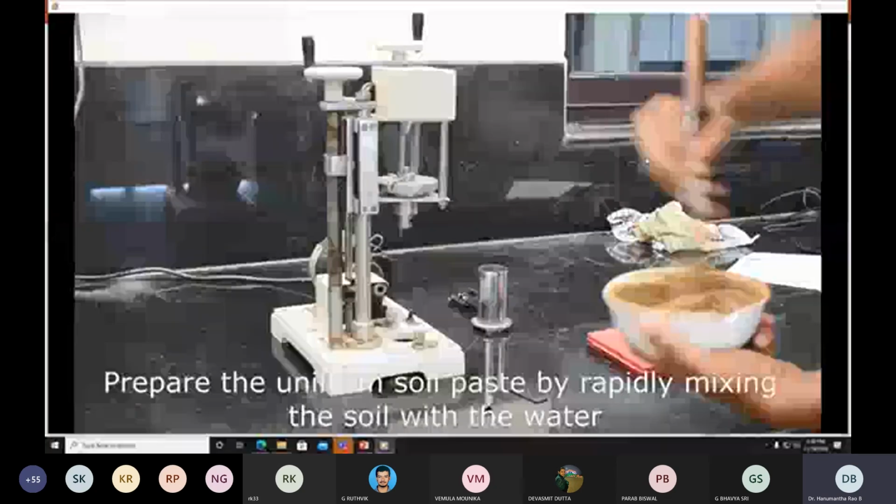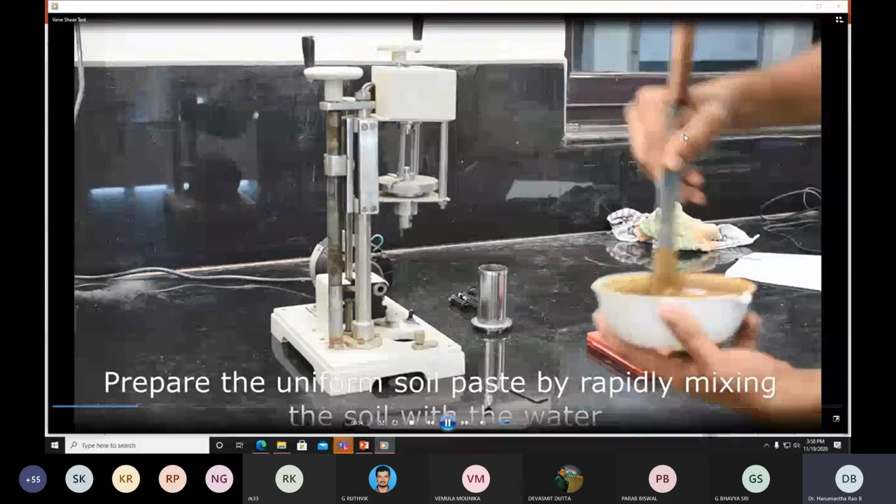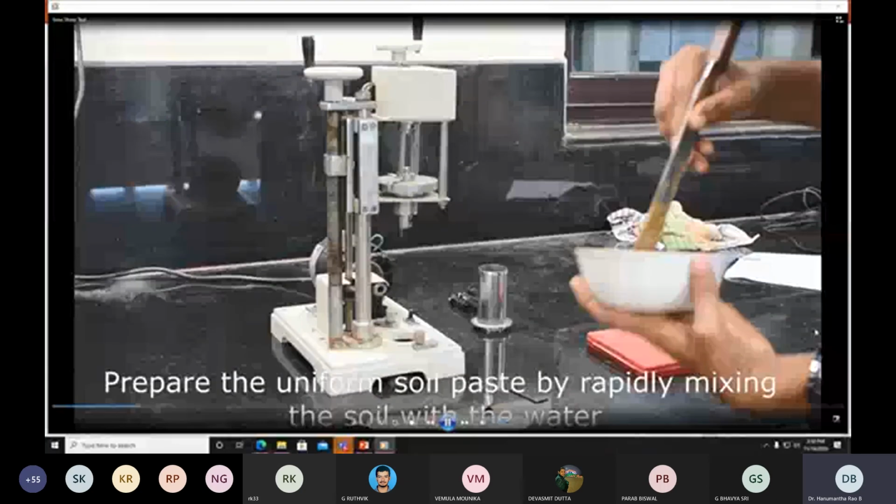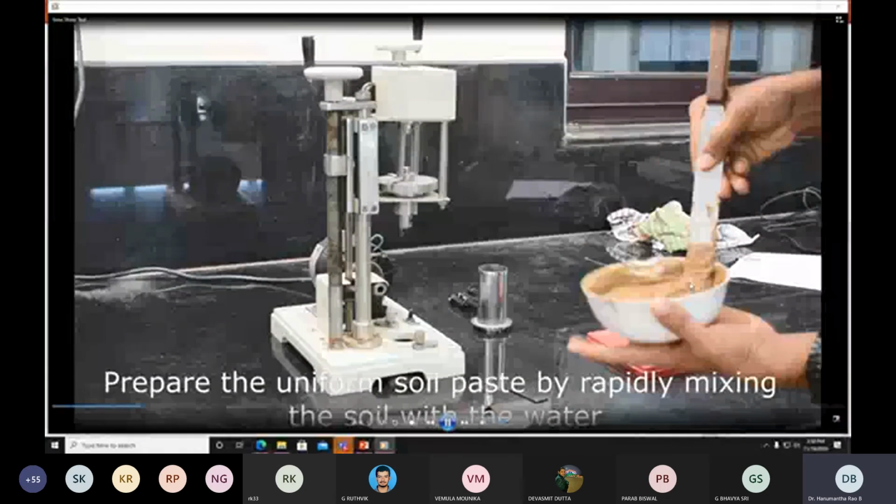So this is sample preparation. You can see he is preparing almost a paste. It's not a compacted one.